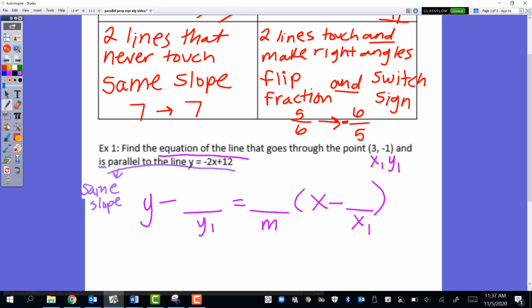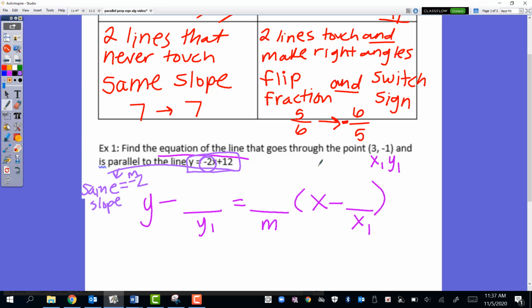Okay, well, what was the slope in this equation? What number was it? Was it -2 or was it 12? Well, we know slope is the number next to the x, so that means it's going to be -2. So that should be my slope that I'm going to use, because I'm supposed to be using the same one that they just gave me right there.